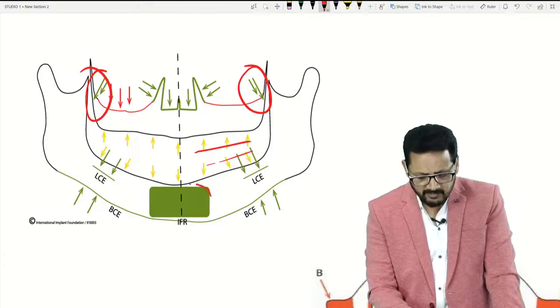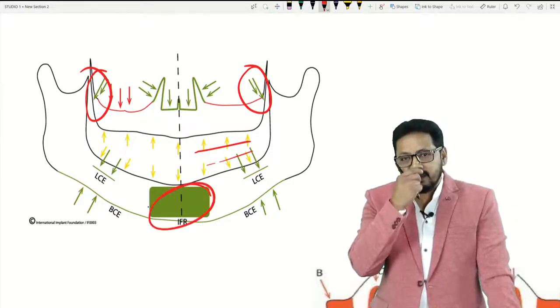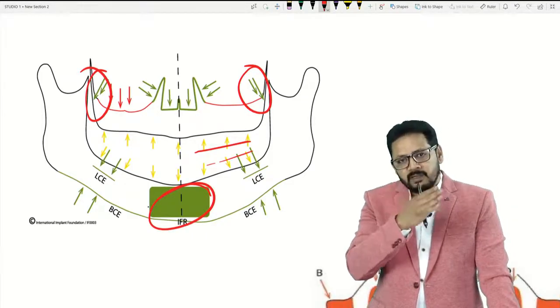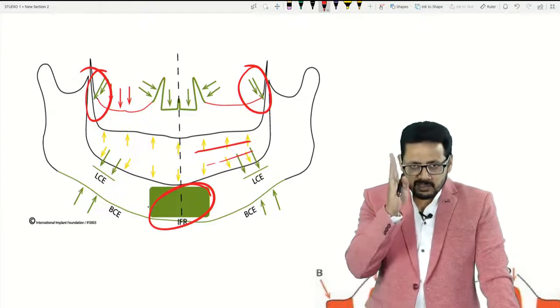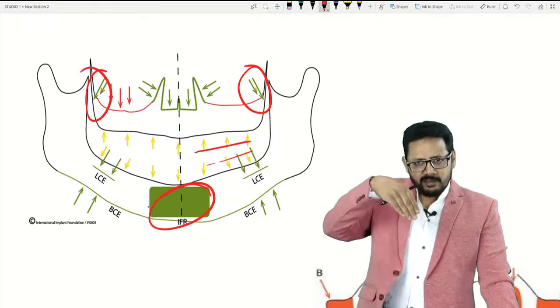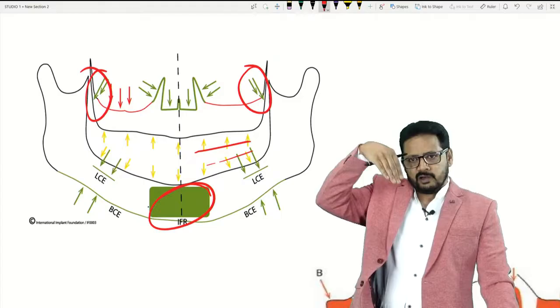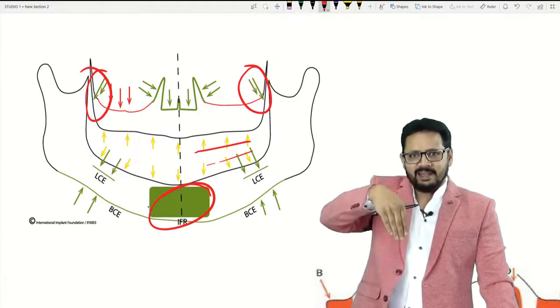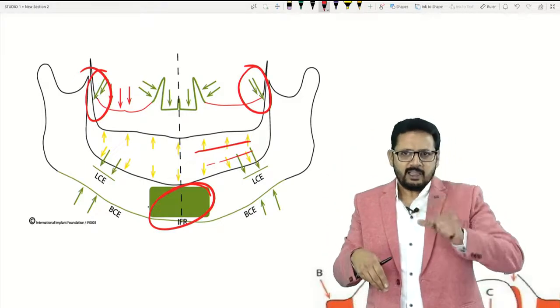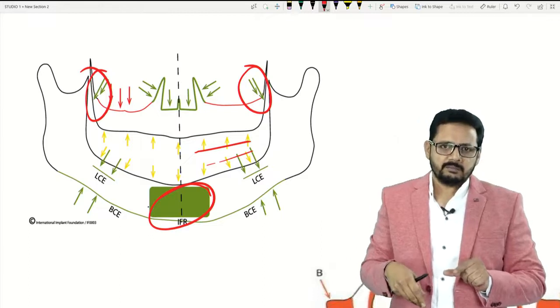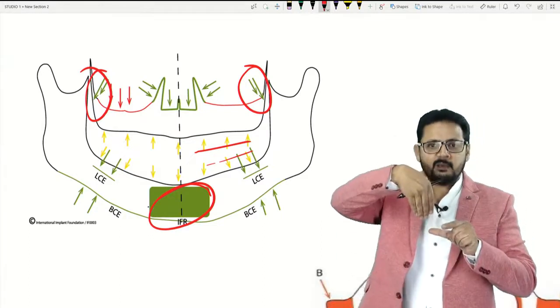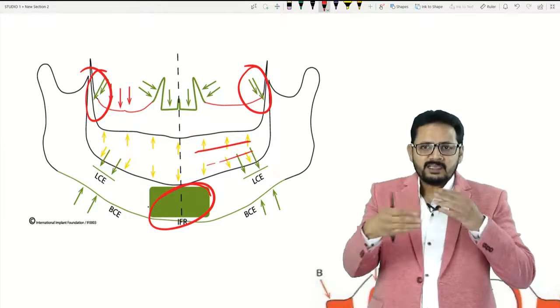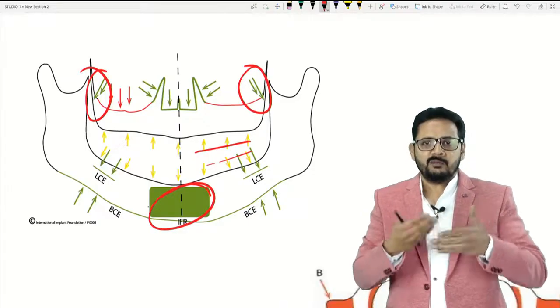And IFR is the interforamen region where you can place implants, as many as you want, but make sure that you are not going in a lingual aspect. Either you can go labially or you can go straight, depending upon your curvature of the mandible. But never go in a lingual aspect, the chances of damage to the lingual artery are more.